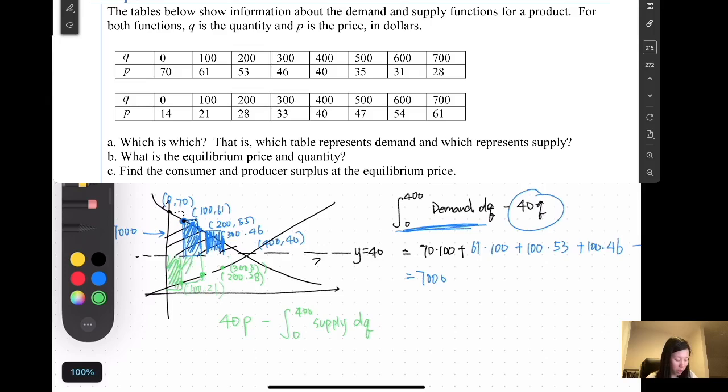Either way should be correct. So I have 14 times 400 minus the blocks.